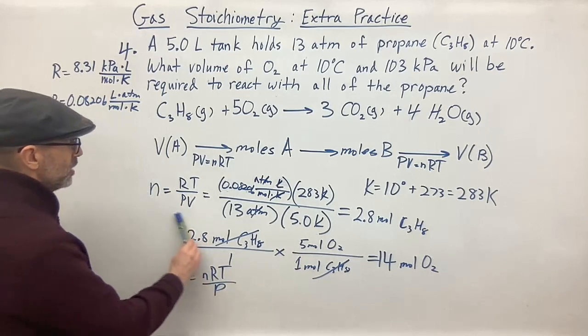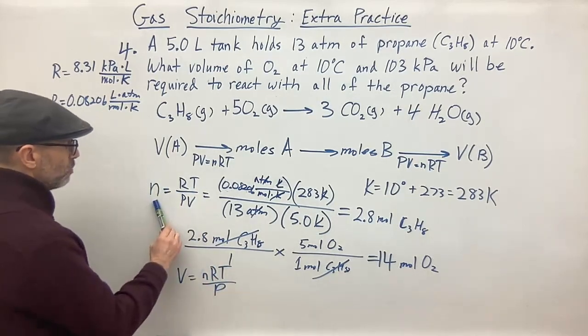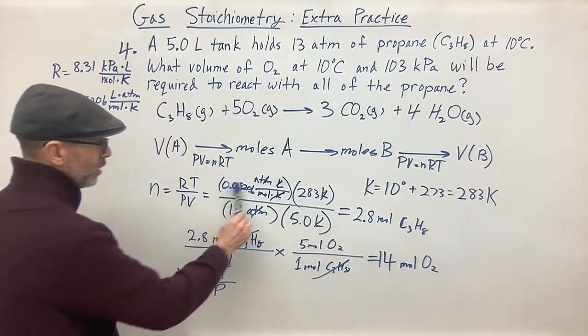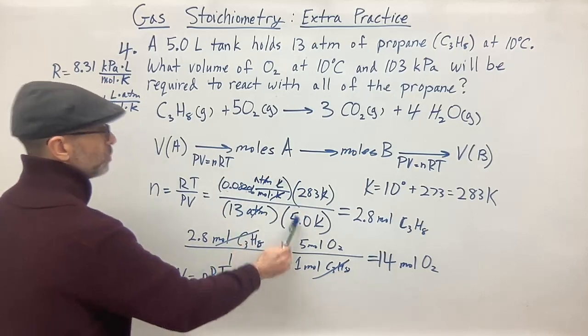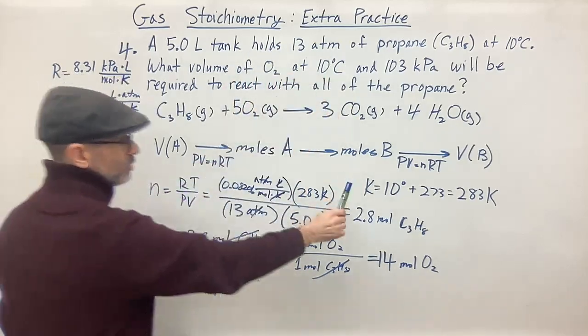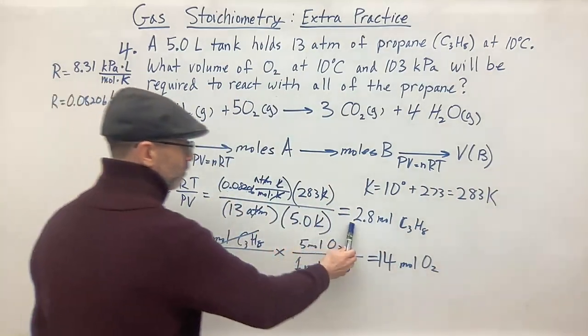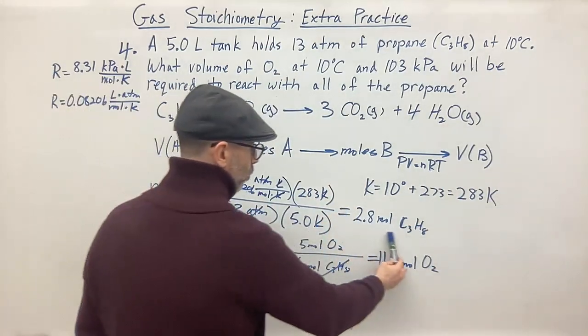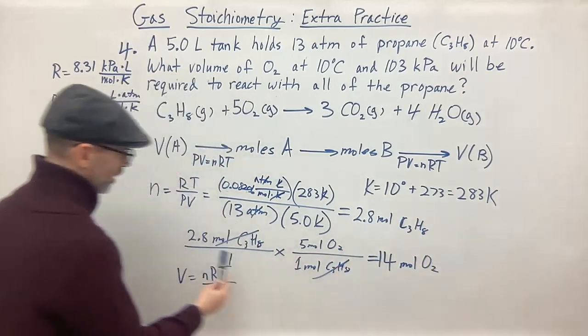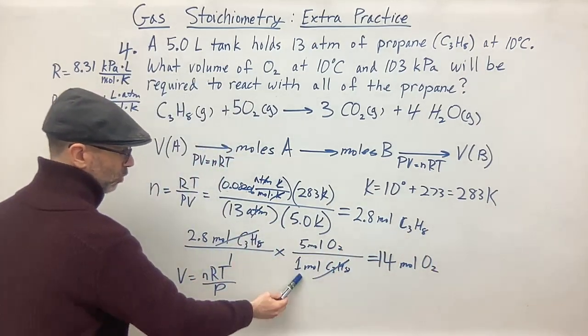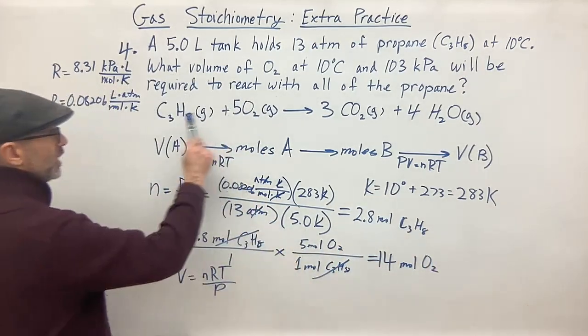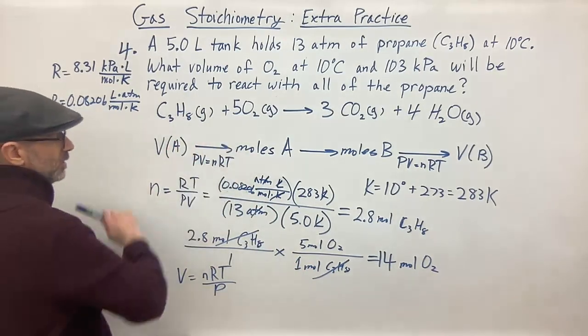So here I used PV equals nRT, solved for moles, plugged in the values for the propane that I was given, converted the temperature to Kelvin, and then I got 2.8 moles of the propane. Then I used the mole ratio of 1 mole of propane to 5, which I got from my balanced equation.